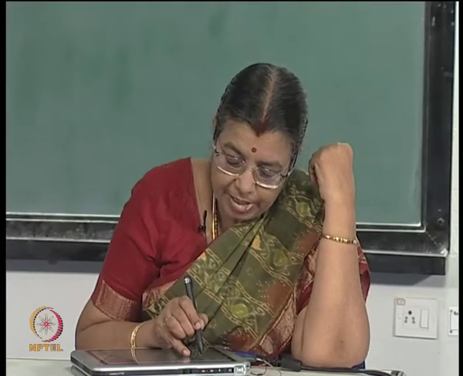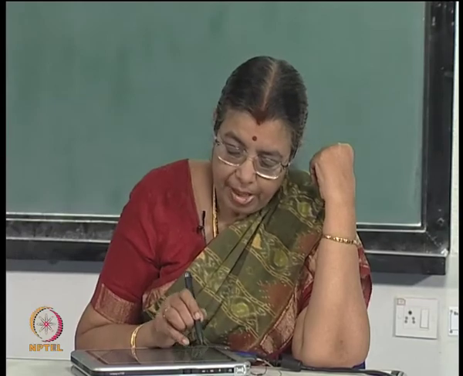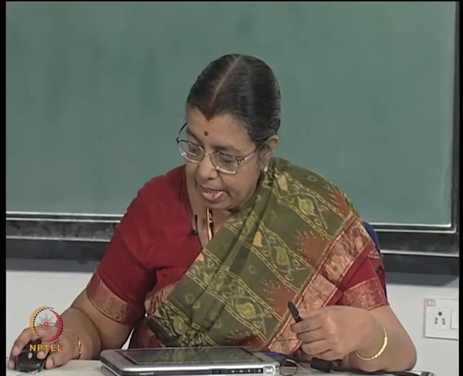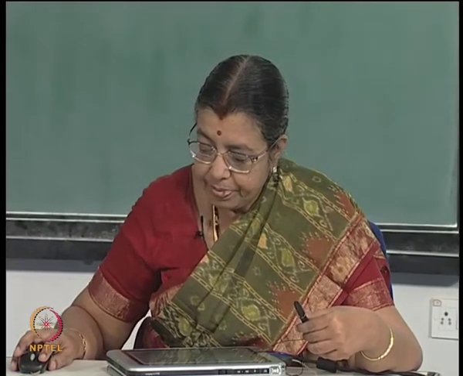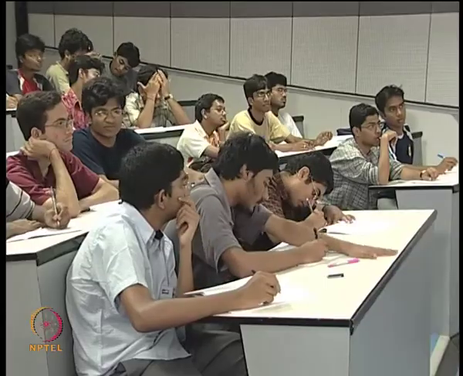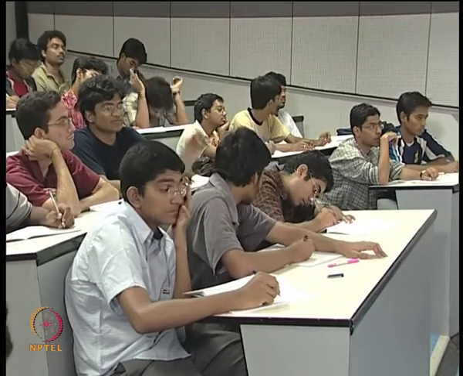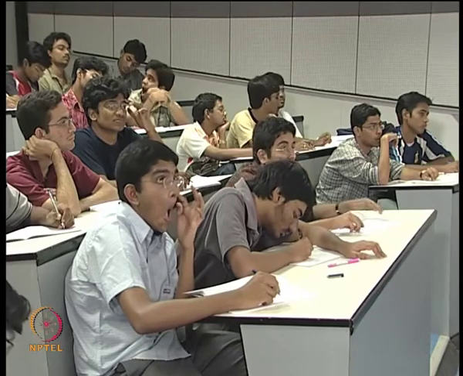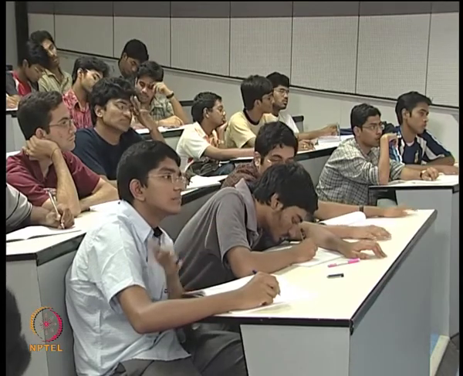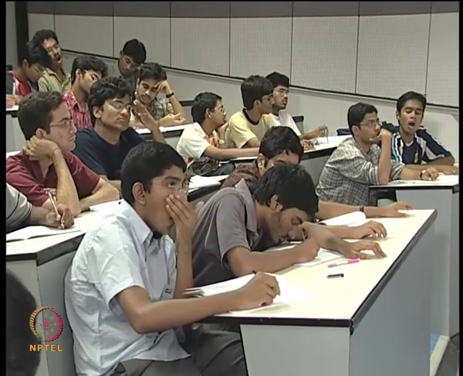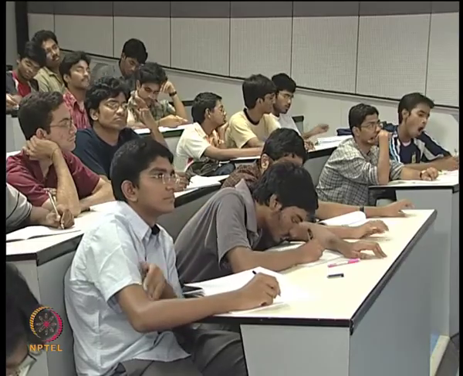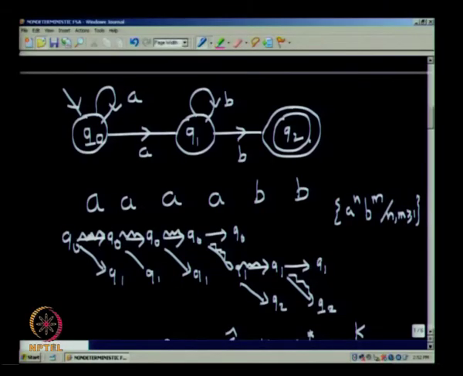So, the one which we have considered, we will take again. Maybe I should go back to the diagram. We have considered this earlier. This is a non-deterministic machine. Let us construct the equivalent deterministic machine. We have already seen what is the deterministic machine equivalent to that.